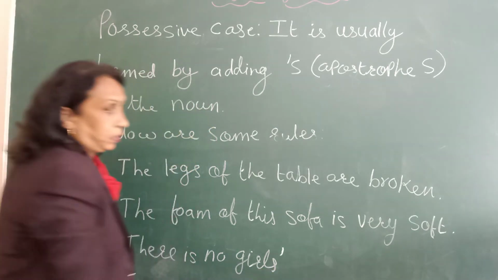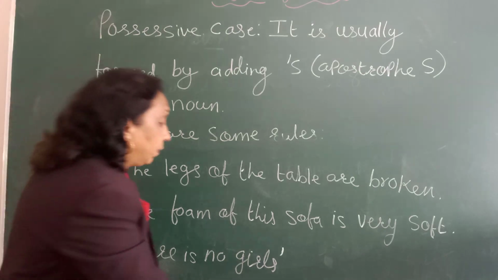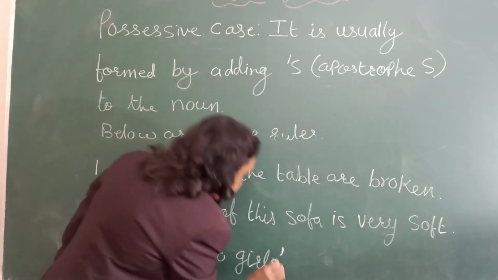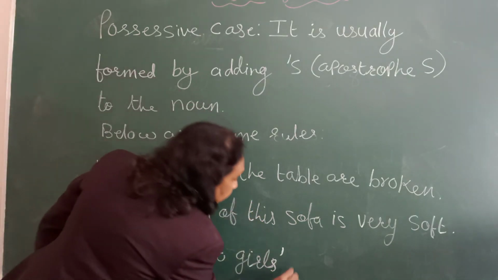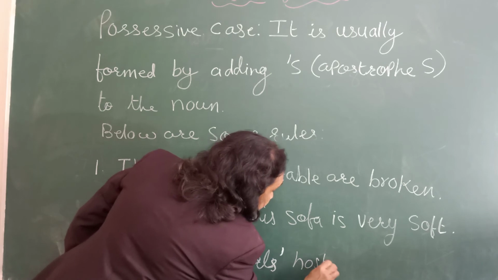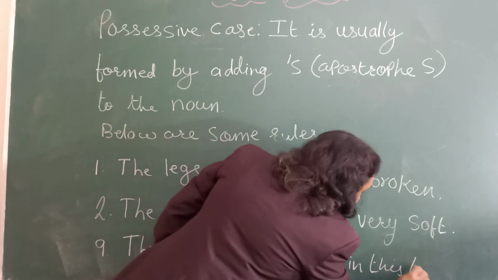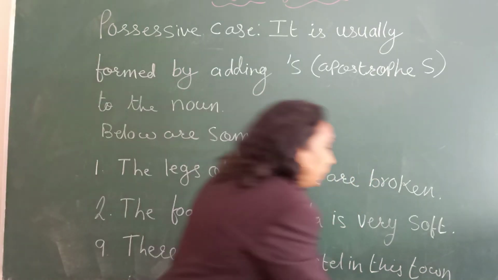Girls is plural. So we have learned that after a plural noun which ends in S, we give the apostrophe after S. So example 9: there is no girls' hostel in this town.